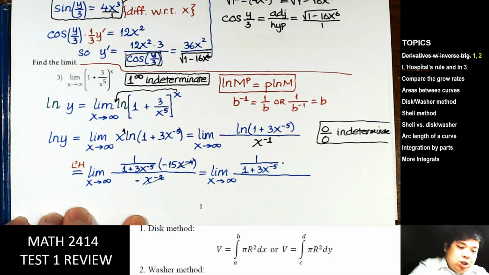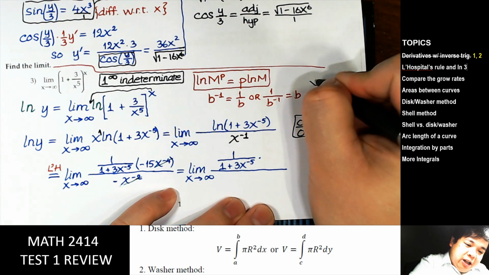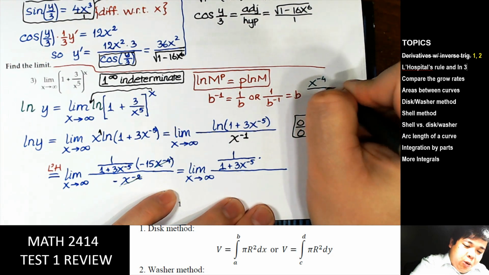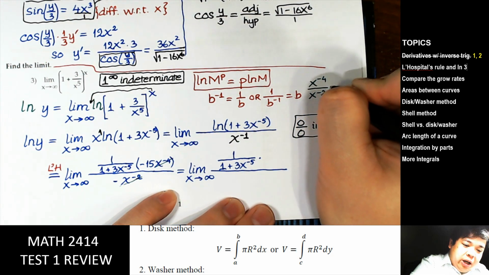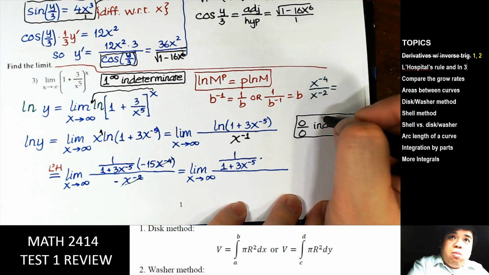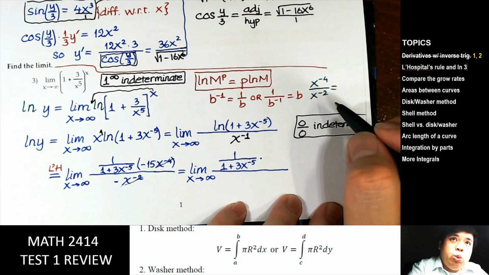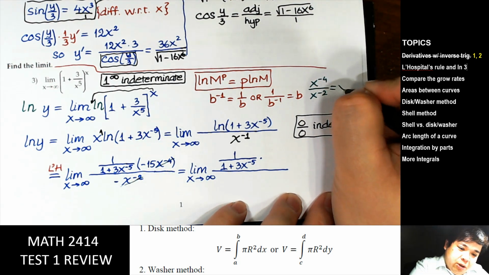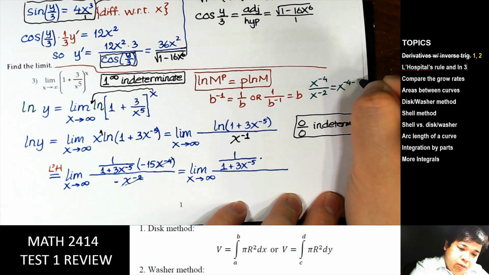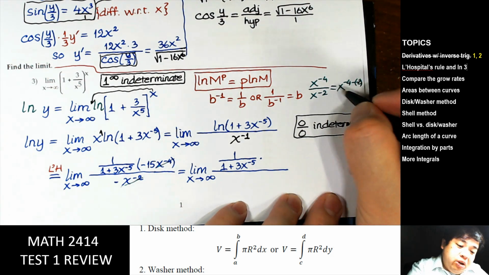So what should we have left? I will write that very small here: x to the negative 4 over x to the negative 2. When we divide two things, the power of the top minus the power of the bottom, negative 4 minus negative 2. So x to the negative 4 minus negative 2 will be x to the negative 2.